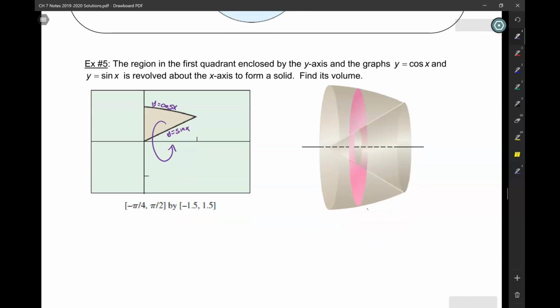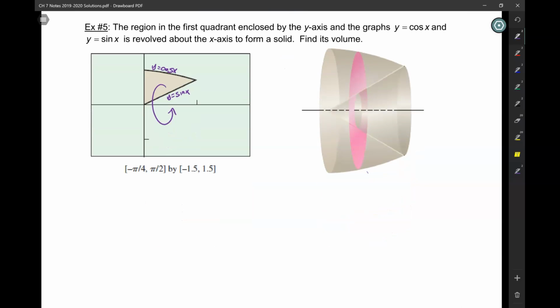Okay. So, because y equals cosine x is farthest from the axis around which we're revolving, that is big R. Because sine x is the closest to the axis over which we're rotating, that's little r.